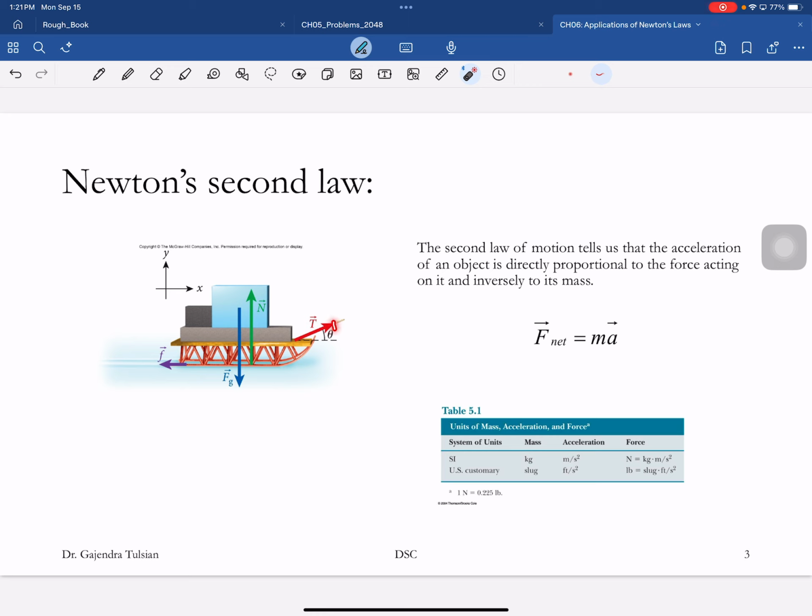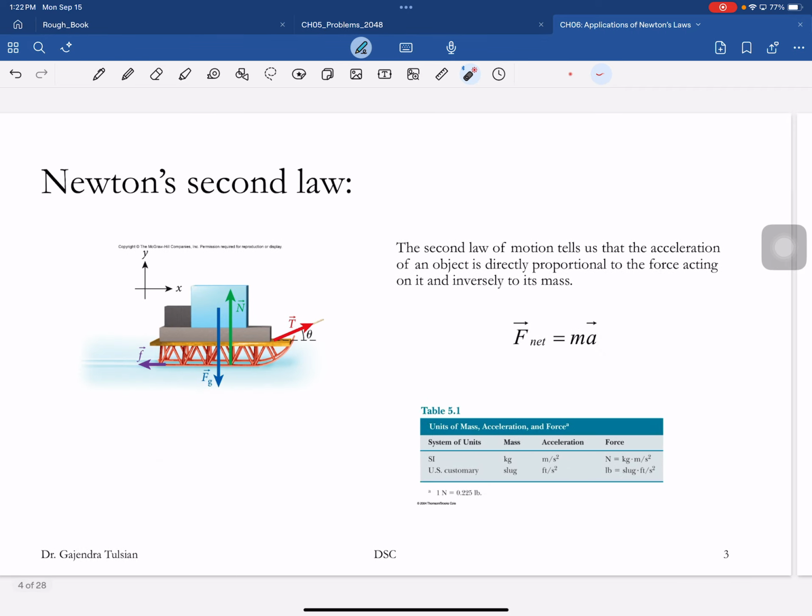So the vertical component plus the normal force plus the weight add up to zero, because this guy is not moving in the y direction. And the x component of this tension has to be greater than the friction force for this guy to accelerate in this direction. If the x component is equal to that, he'll move with a constant velocity. So we'll apply this equation to situations like this.